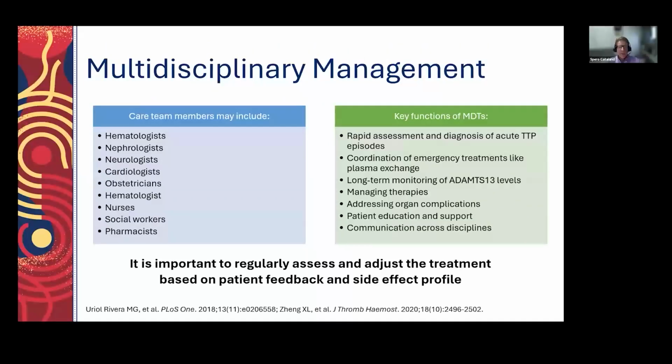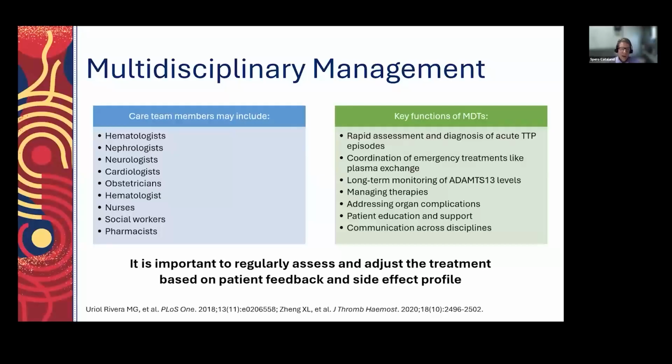I think it's important to mention there's a multidisciplinary team that usually has to help out, whether this is an official team put together at an institution or an unofficial team put together by the hematologist or the nephrologist that is the primary caregiver of these patients. There's generally providers, including neurologists, cardiologists, that are pulled in for complications, chronic kidney disease, hypertension, as well as for understanding the risk for long-term cardiovascular complications, and maybe how to mitigate those in some way.